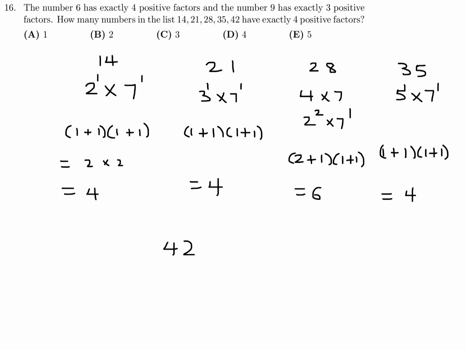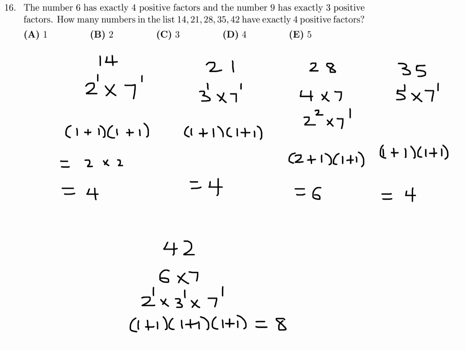That's 6 times 7. 6 is not a prime number, so it's got to be 2 times 3 times 7. So using this rule, it would be 1 plus 1 times 1 plus 1 times 1 plus 1. That's 2 times 2 times 2, which is 8. So the only ones that have 4 factors are 14, 21, and 35, and there's 3. So number 16, the answer is C.